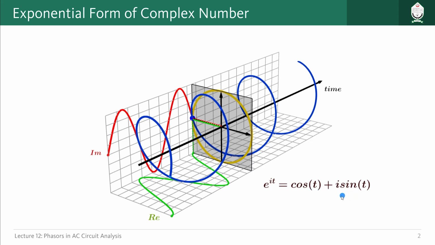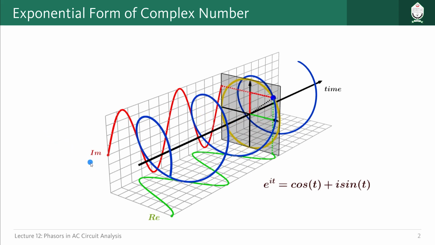And if we want to see the imaginary portion, then we have to take the projection from the left or the right direction, and that projection is shown here in this red sinusoidal. So it is producing two different sinusoids, and they are 90 degrees apart from each other, obviously, because cos t is 90 degrees apart from sin t. But in this way we can represent the real portion as well as the imaginary portion here.